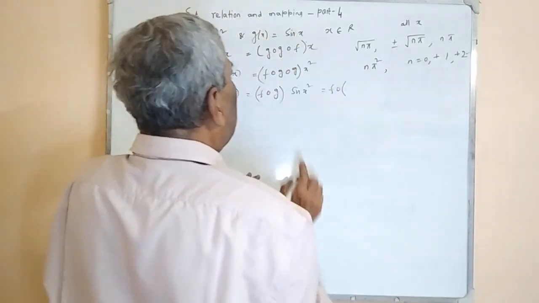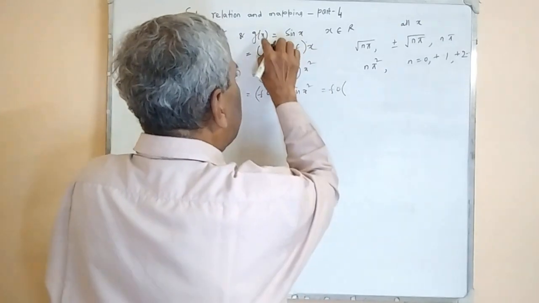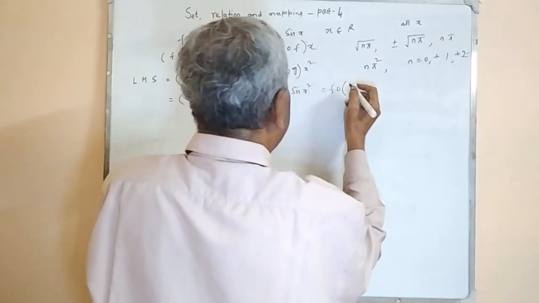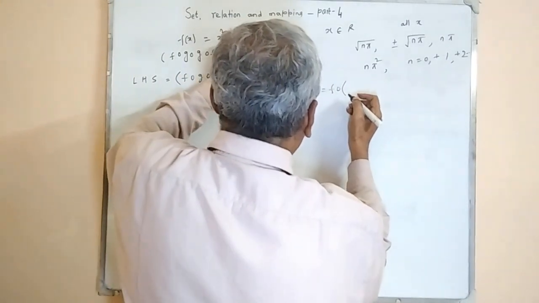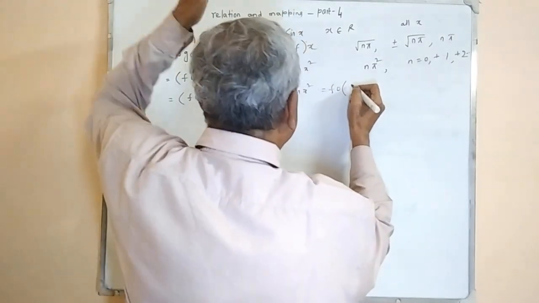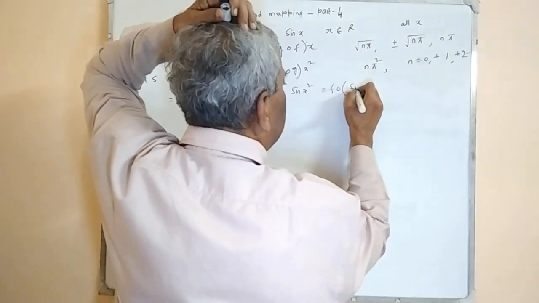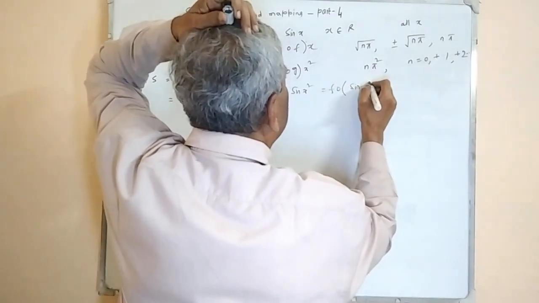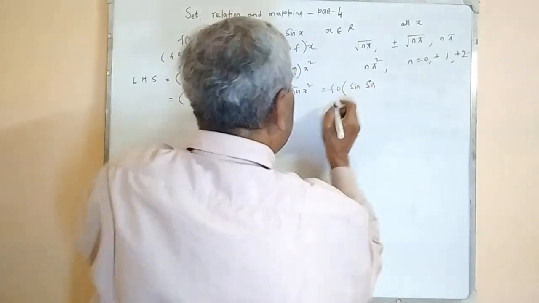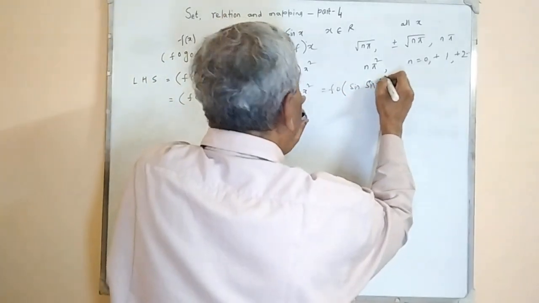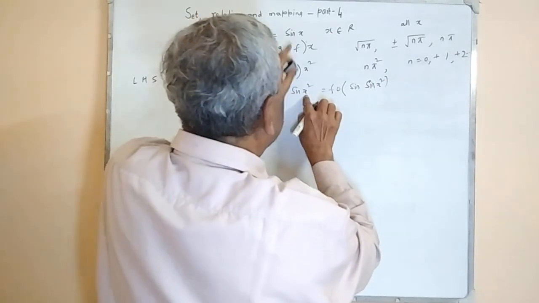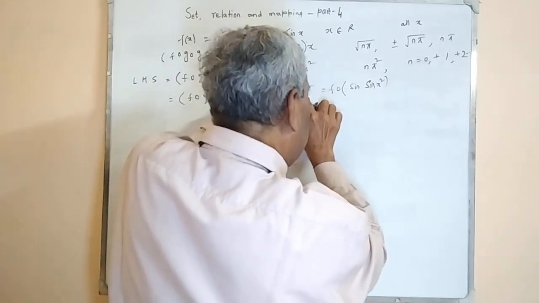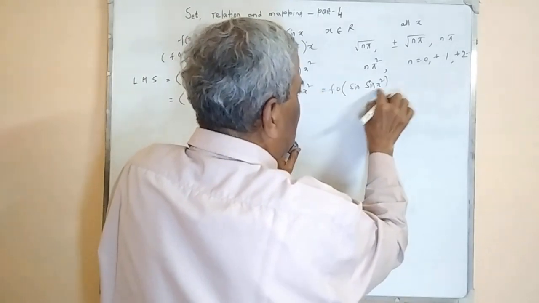Instead of x we have to write sin x. It is equal to sine of sin x square. g of that means sine, and this means sin x square.